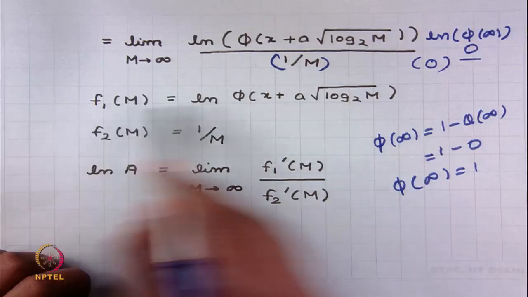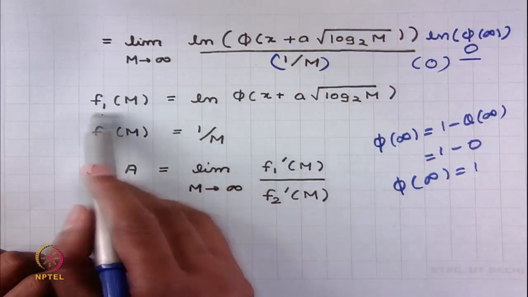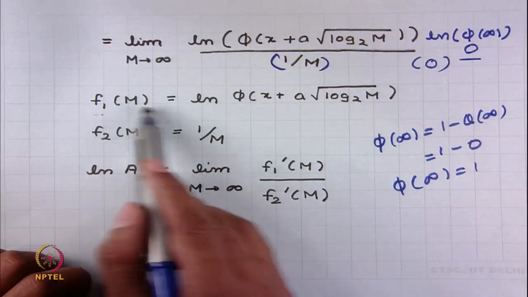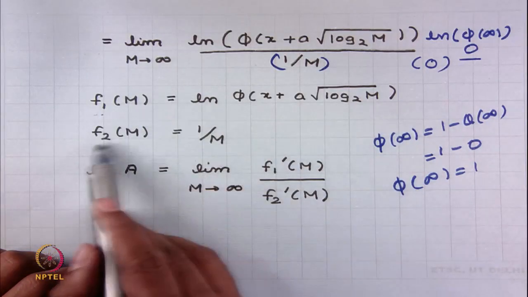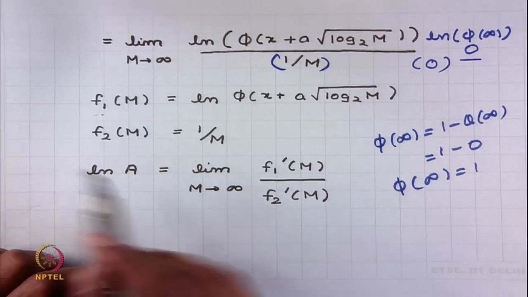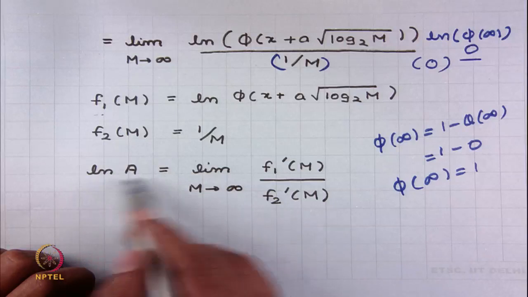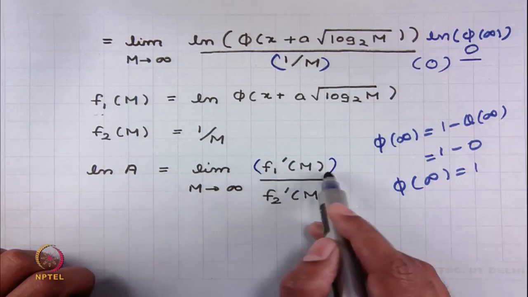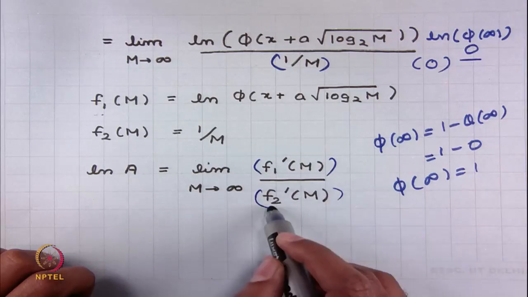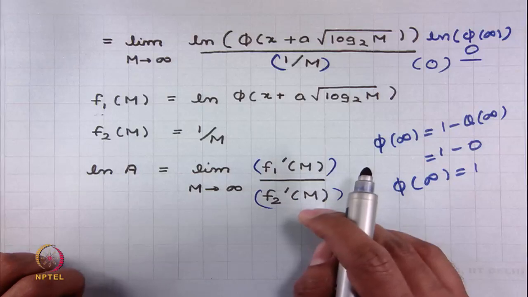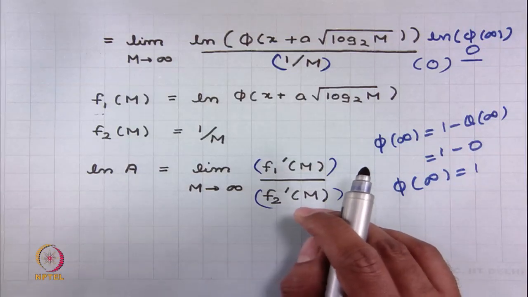First I define two functions. I take f1m as the numerator and f2m as the denominator of this expression. Then ln a is the limit when m tends to infinity of the derivative of f1m divided by the derivative of f2m, and now you take the derivatives and hope that you get a neat thing.